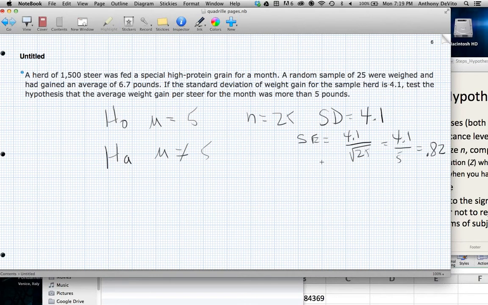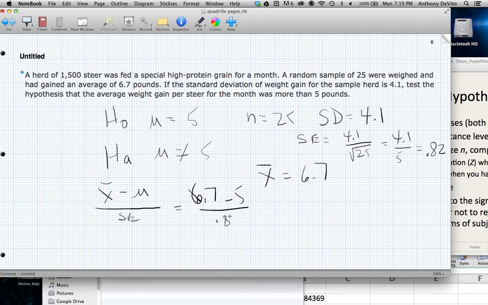Now let's figure out how different. What was our x bar? It is equal to 6.7 pounds. Let's figure out how many standard deviations apart these two values are. So x bar minus mu over the standard error equals 6.7 minus 5 over 0.82, which equals 1.7 over 0.82.